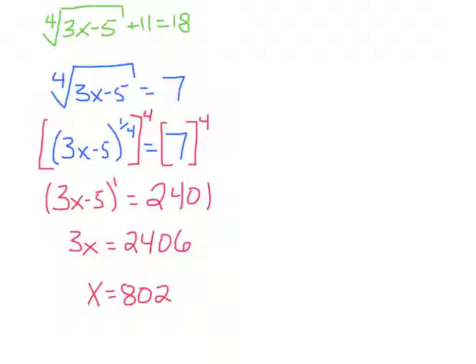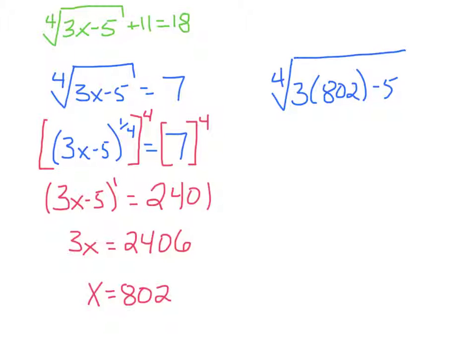Okay, and again, you do want to check these just in case it doesn't work. Could be an extraneous solution. So I'm going to go back to the original and plug everything in. We would have the fourth root of 3 times 802 minus 5, and we'll see if that equals 7.